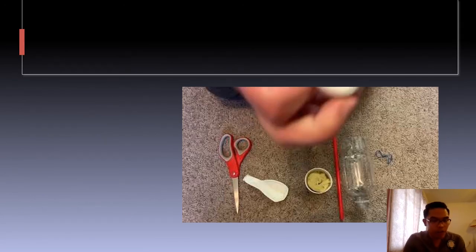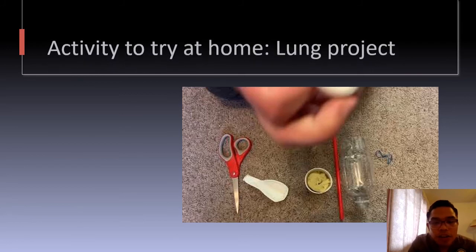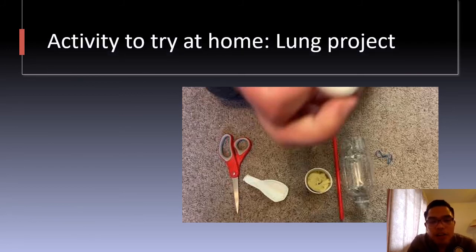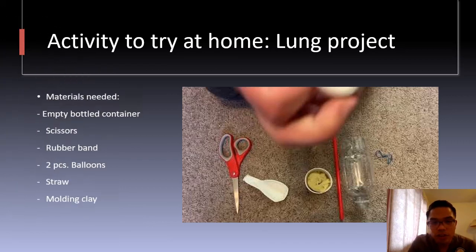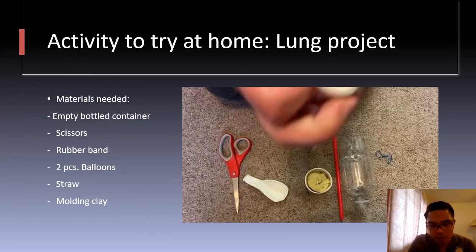With this, I can give you some activities so you know how to make a lung model and understand the purpose of the lung and its use. These are the important materials needed.